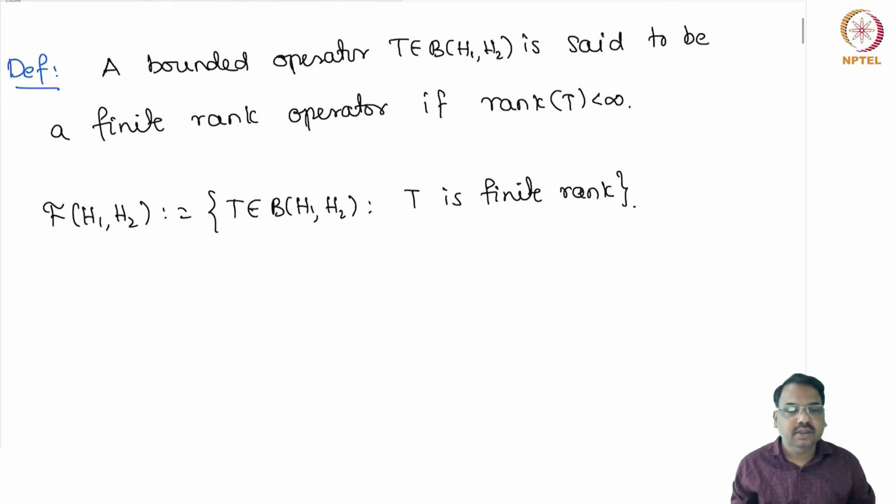Okay, now we can easily show that if T is finite rank and alpha is a complex number, then alpha T is finite rank, and if T1, T2 are finite rank, then T1 plus T2 is also finite rank.